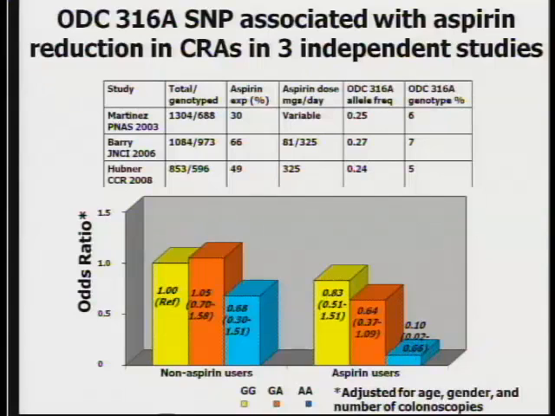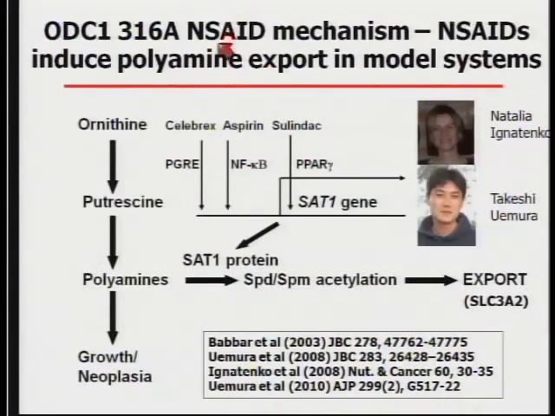So it gets back to my first point again in terms of this is a test for you all. What does ODC have to do with nonsteroidal anti-inflammatory drugs? To remind you, we actually started, again, from basic principles. We looked at microarray analysis of NSAID-inducible genes.